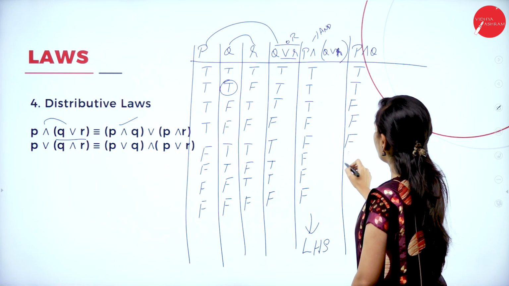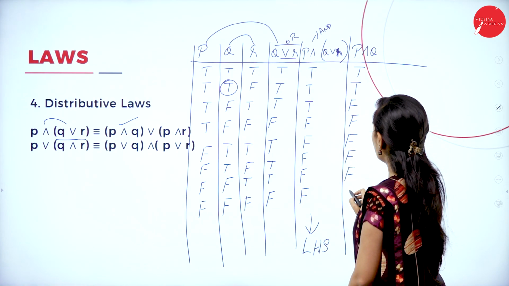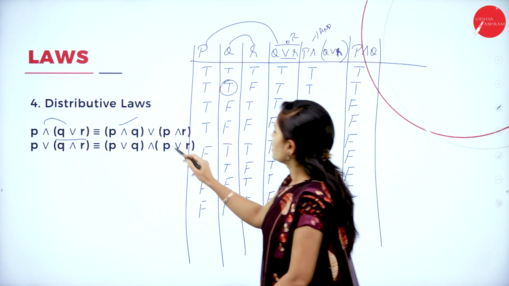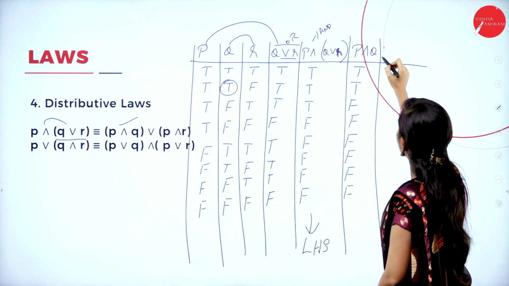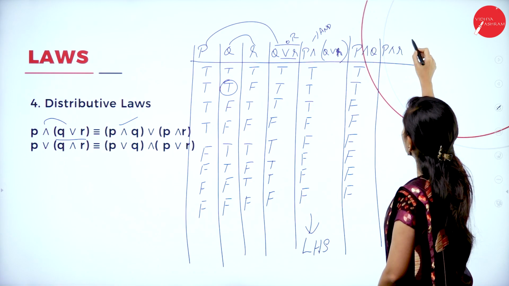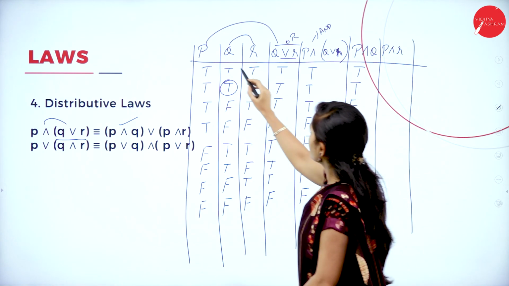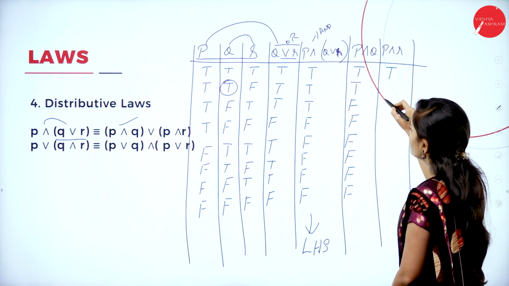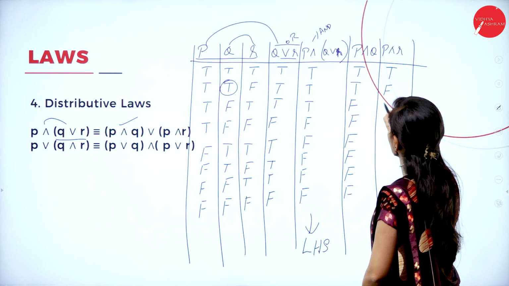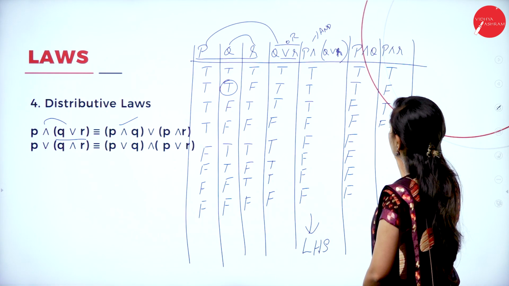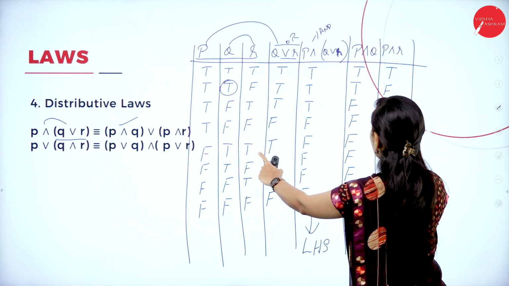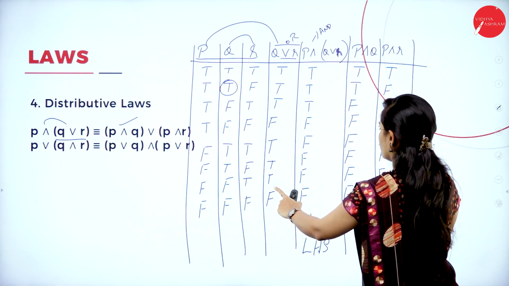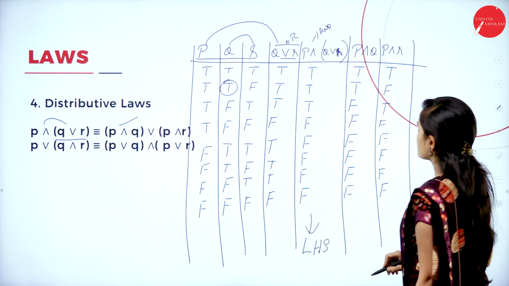False, true and false, false are false. Again, P AND R. Take these two columns, P and R. True, true is true. True, false is false. False, true and false, false are false.